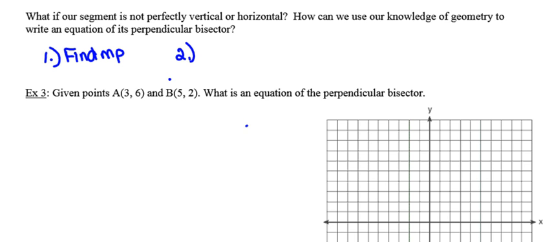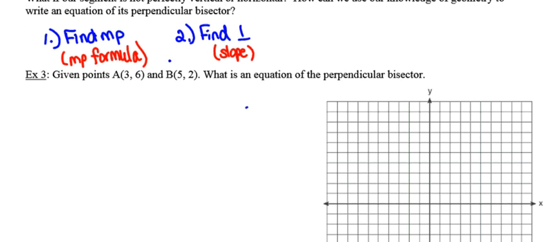Second of all, we had to find the segment that was perpendicular, and that's still going to hold true. And in the past, you've learned some formulas that are going to help with both of these things. To find the midpoint, you have the midpoint formula. And as far as finding the perpendicular, we're going to use the slope formula because we know that segments with slopes that are negative reciprocals are perpendicular segments.